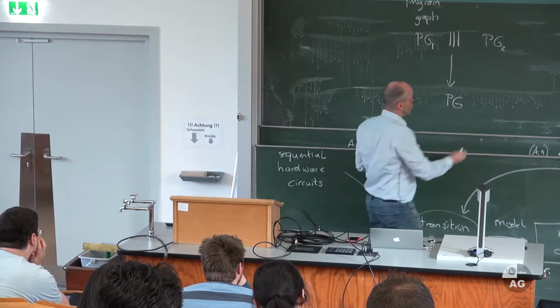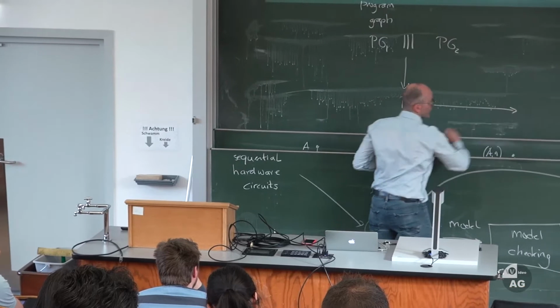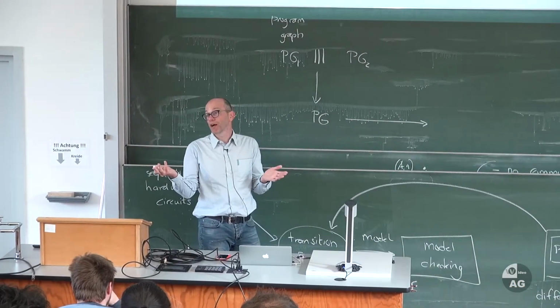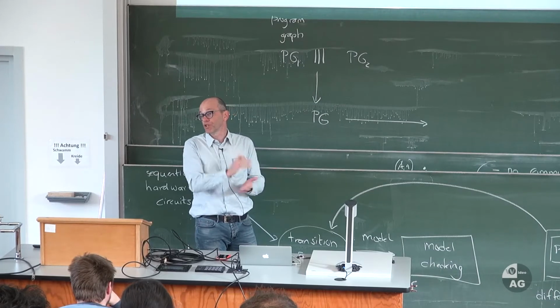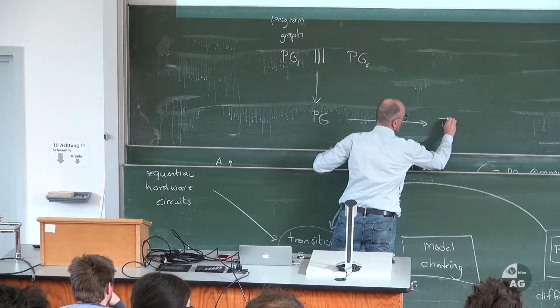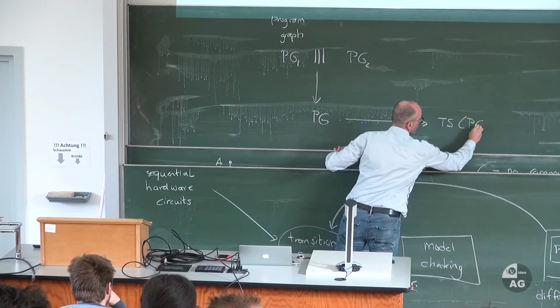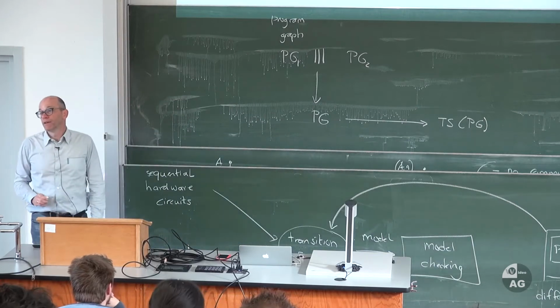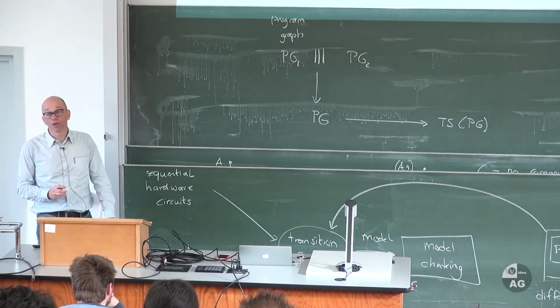And then we can apply the mapping that we have seen in the previous lecture, because in the previous lecture we have seen that every program graph can be adequately represented by a transition system. So now we map this by means of this mapping to a transition system of this program graph. This is the trajectory we're going to take.